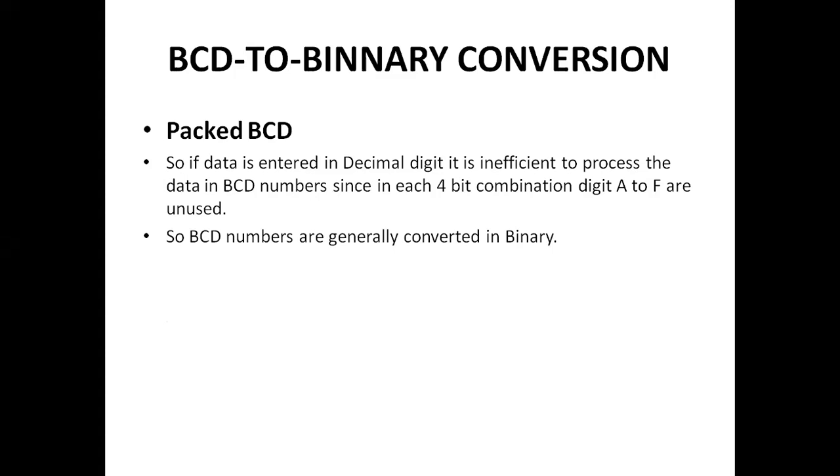And since each BCD digit is represented by 4 binary digits, the maximum number which we can represent by the 4 binary digits is 1001, that is 9. And we are not able to represent 1010, that is decimal 10, because decimal 10 is not included in that. Similarly 11, 12, 13, or you can say A, B, C, D, E, F in the hexadecimal. So A to F remains unused.